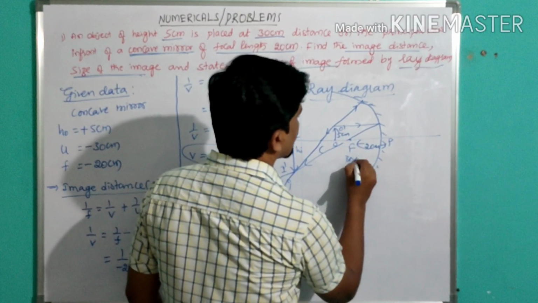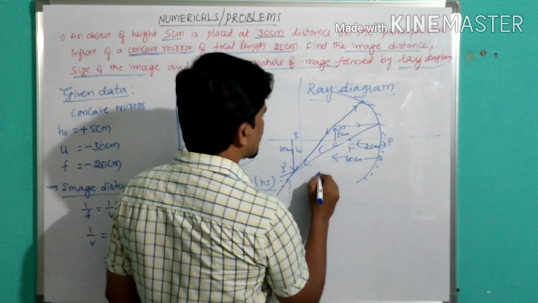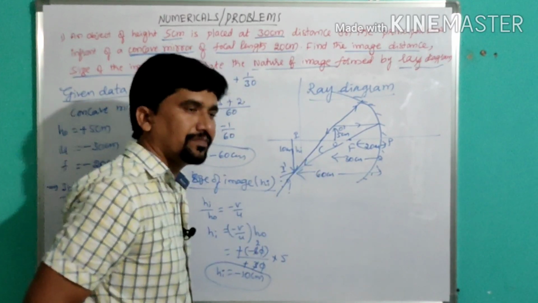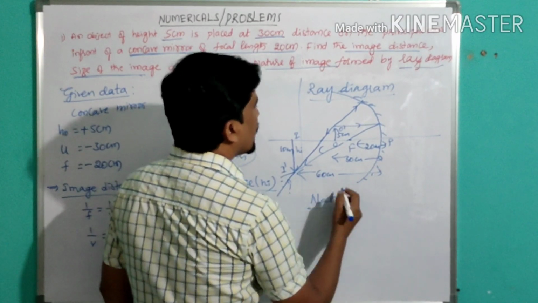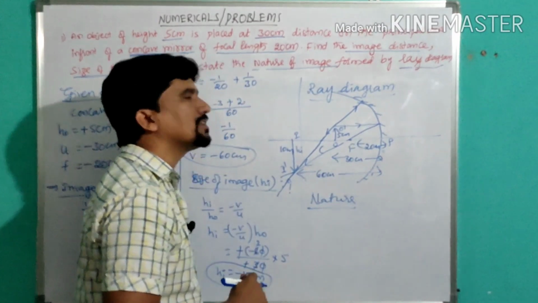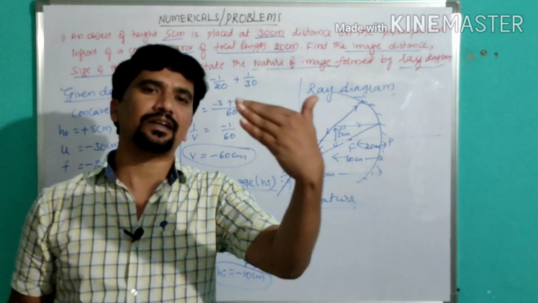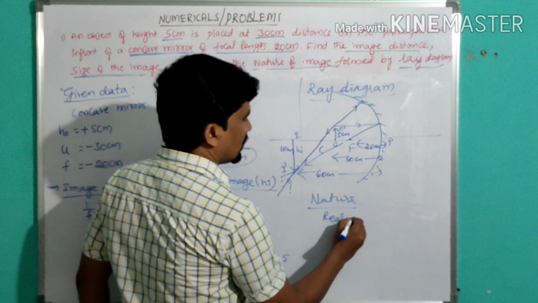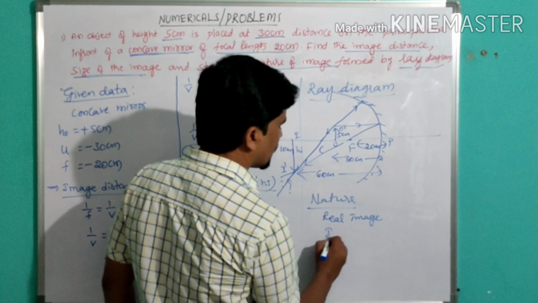Object distance is 30 centimeters. Image distance is 60 centimeters. Nature: the image is formed in front of the mirror, which means the image will form on the screen. The image which we get on the screen is called a real image. A real image is always an inverted image.